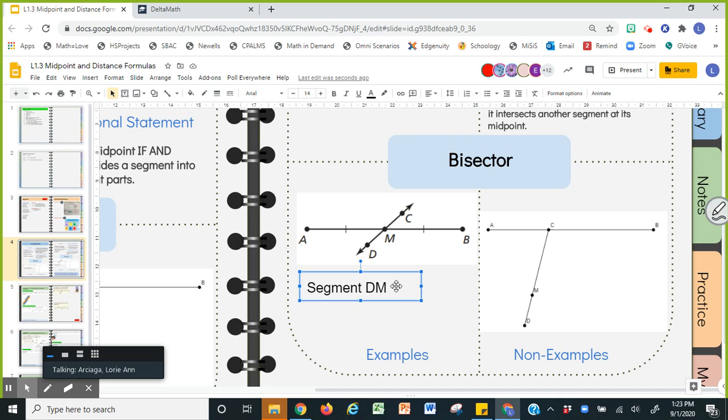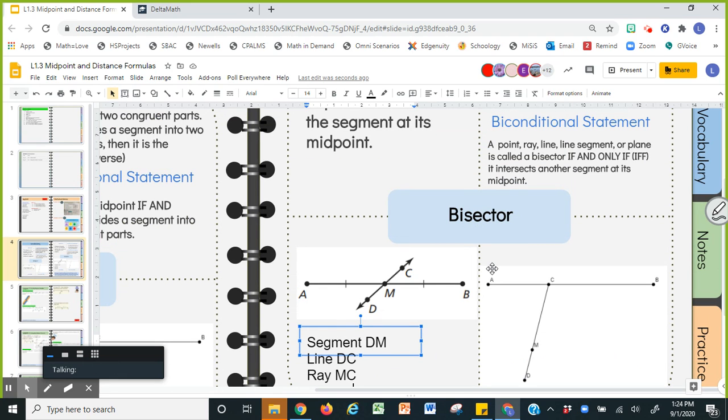I'm just going to write the whole words here so it will be much faster. So segment DM, it could be line DC, you could also say ray MC. All those subsets are called bisectors because they contain the midpoint. That doesn't stop the midpoint from being the bisector as well. So a bisector is more general, while a midpoint is more specific.